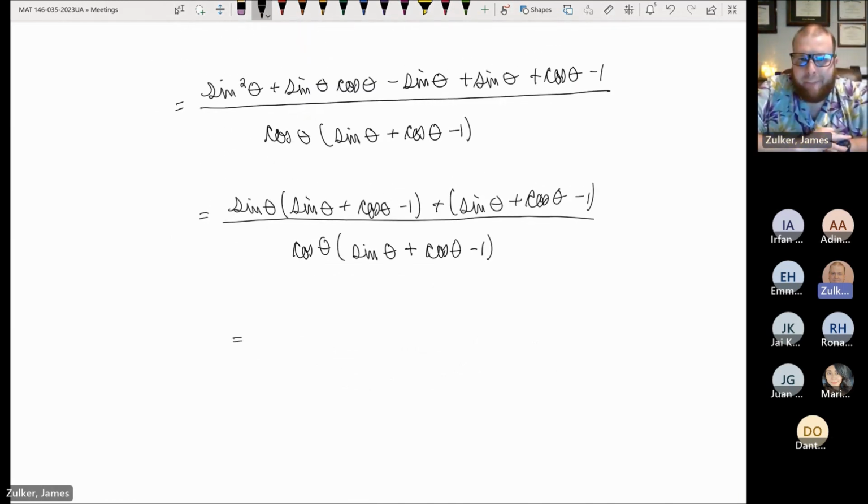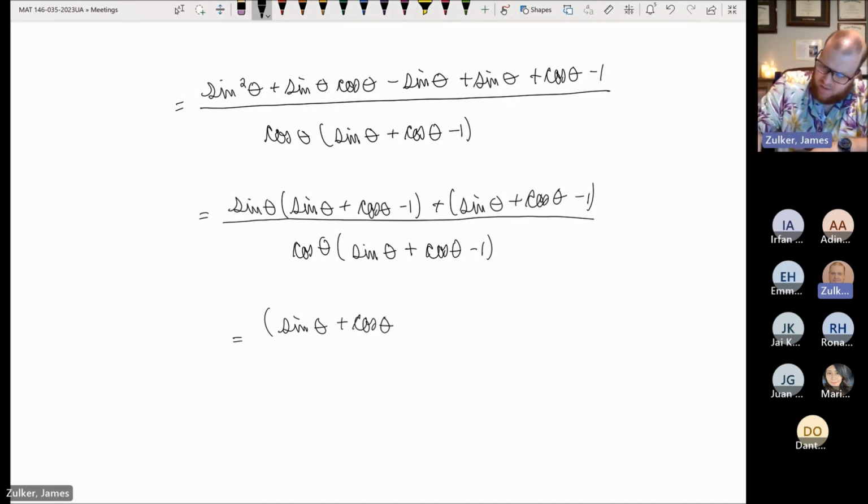We now have a common term, left with sine of theta plus 1.